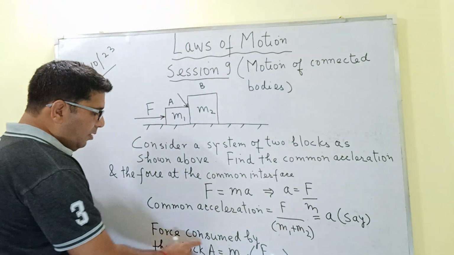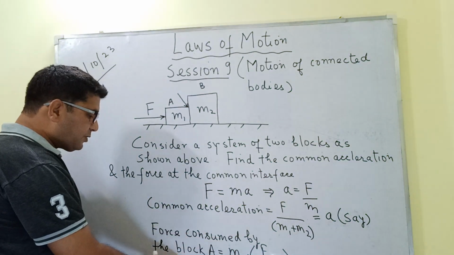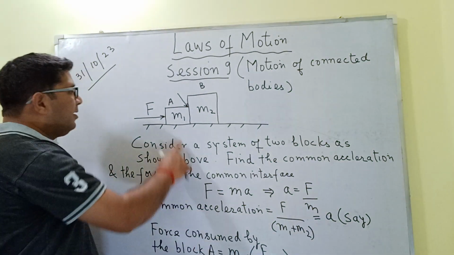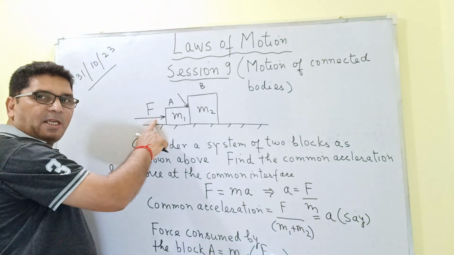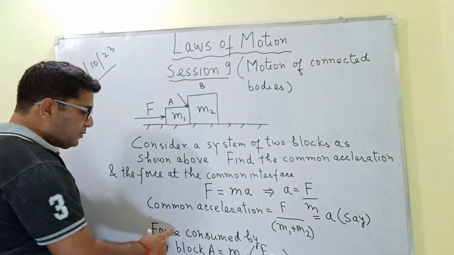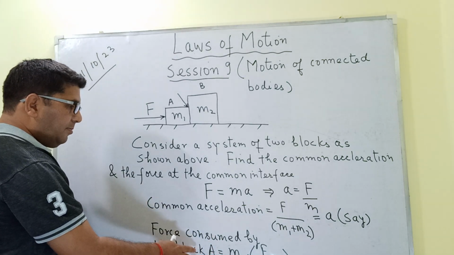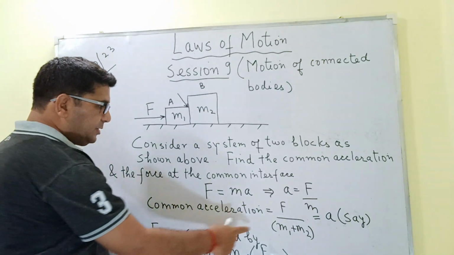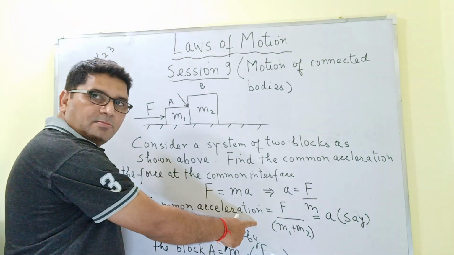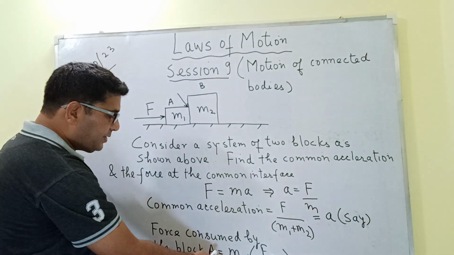So this is the amount of force which will be consumed by the block A when a force F is applied to it, and this force is basically imparting this common acceleration A to this mass m1.